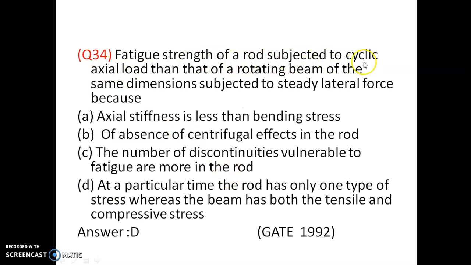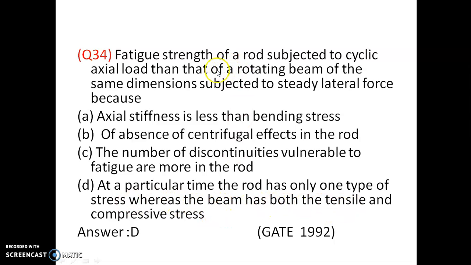Fatigue strength of a rod subjected to cyclic axial load is less than that of a rotating beam of the same dimensions subjected to steady lateral force because... Okay, option is D. Compare the two things given. One is a rod, another one is a beam. Okay, the first one, the rod, is subjected to cyclic loading, the other one, the beam, is subjected to steady loading. At a particular time the rod has only one type of stress, whereas the beam has both tensile and compressive stress.